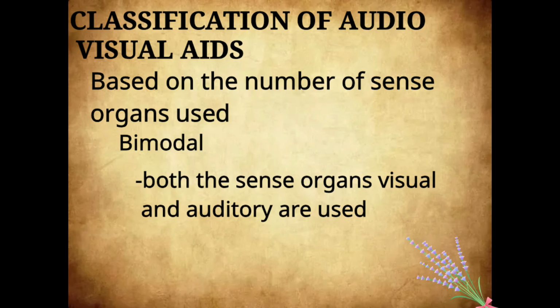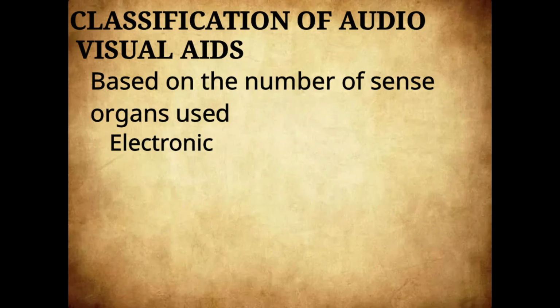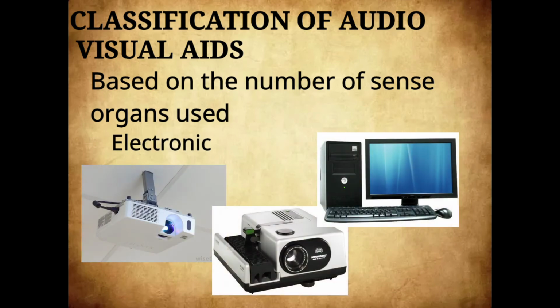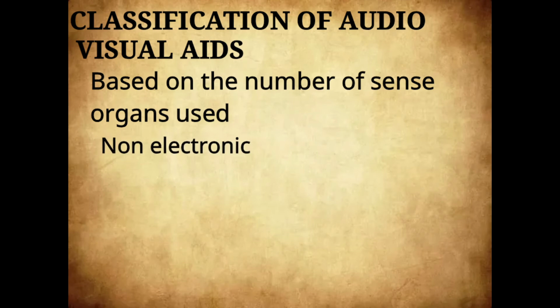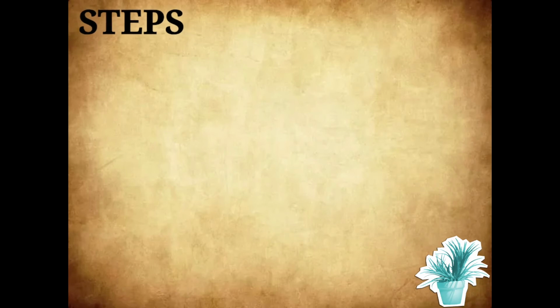They could be classified as electronic and non-electronic. Examples for electronic are overhead projector, slide projector, and computer, while non-electric are books, handouts, chalk, and board, mannequins, models, and flip charts.